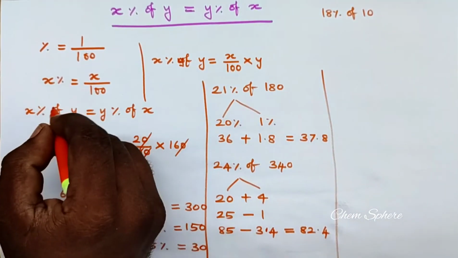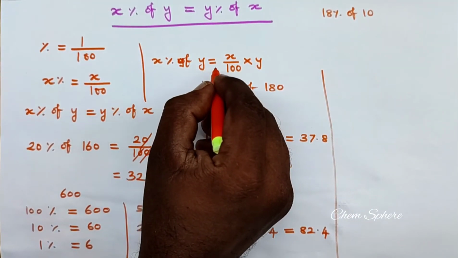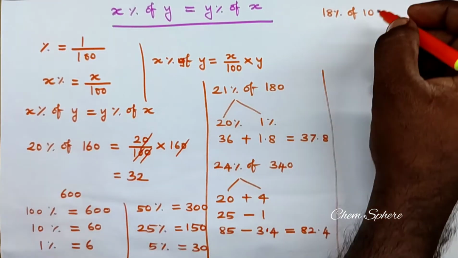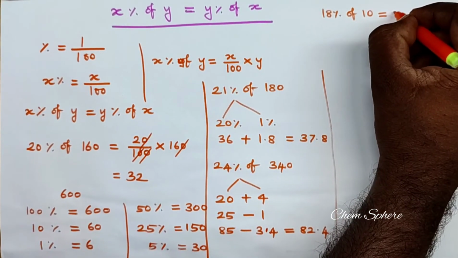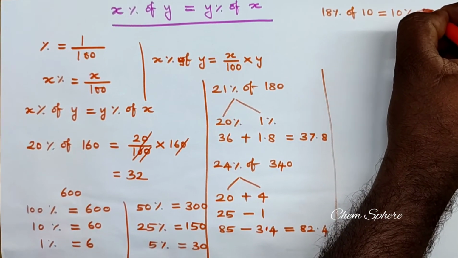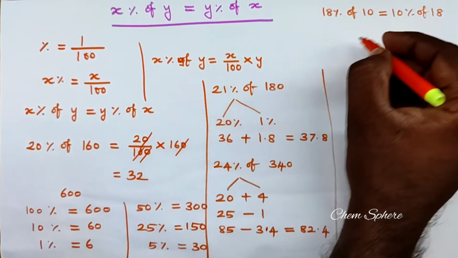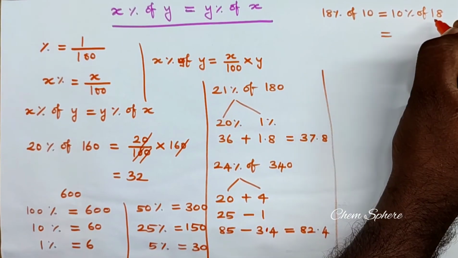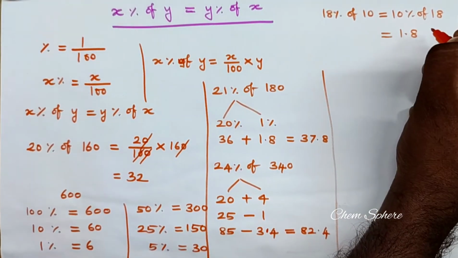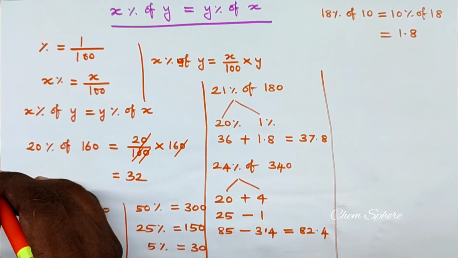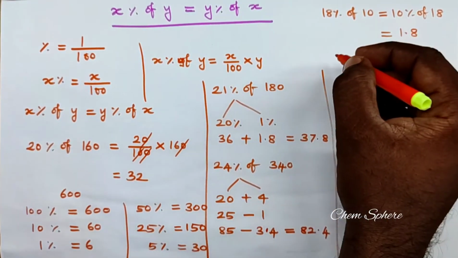We already know that x percentage of y equals y percentage of x. So we can change this to 10 percentage of 18. Now easily we can calculate that 10 percentage of 18 will be 1.8. We need to move one decimal place. Okay, let's move to another example.